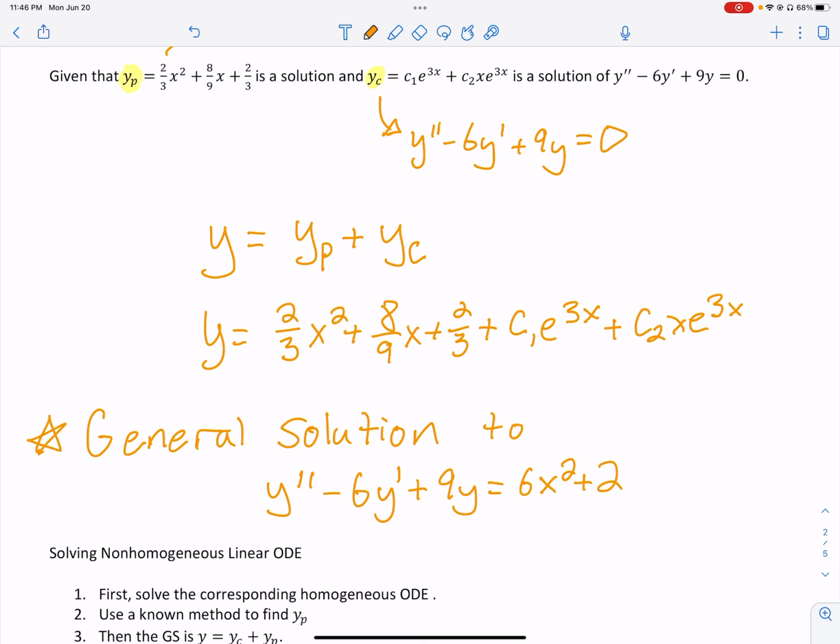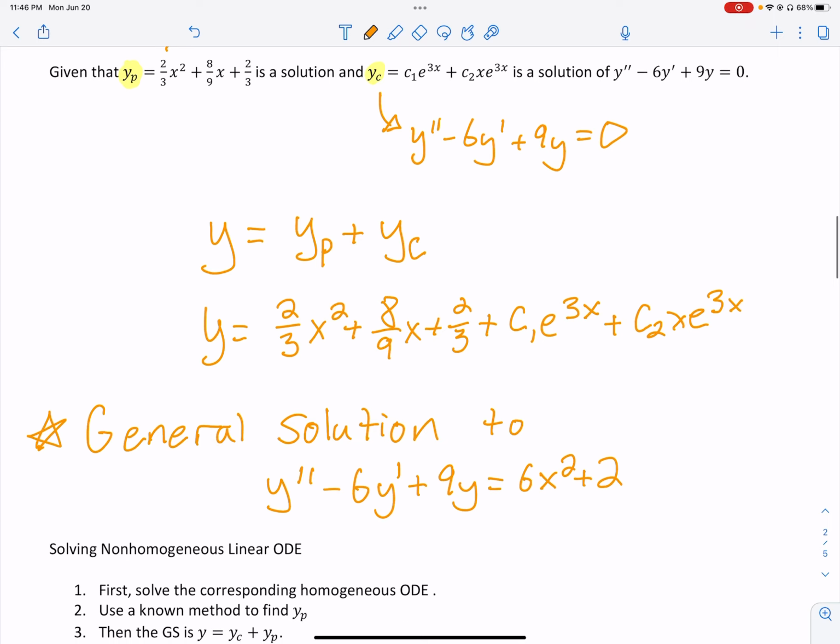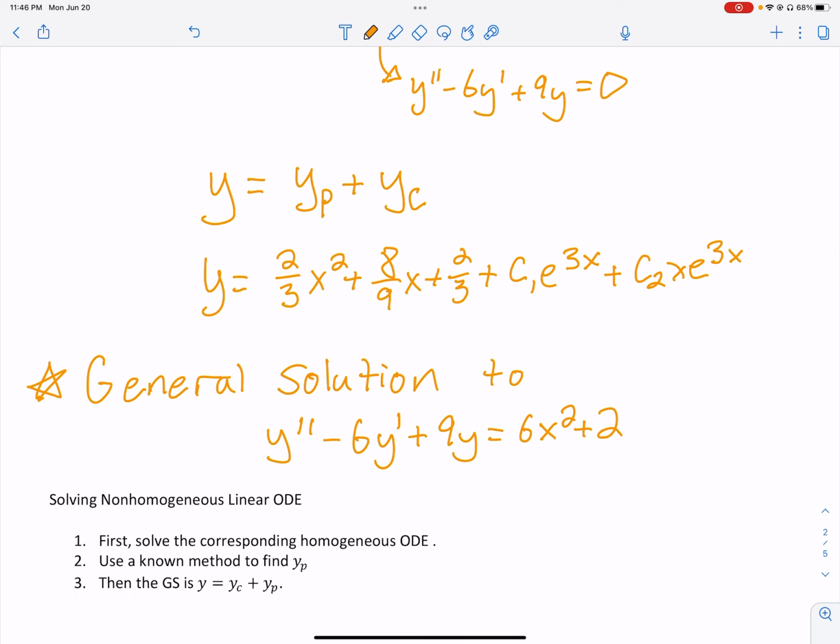So the first thing we're going to do is work on solving the homogeneous case. The long-term result of what we're going to want to do is solve the non-homogeneous, meaning the right-hand side is not 0 in some way. What we're going to need is to first solve the corresponding homogeneous, meaning making the right-hand side 0.